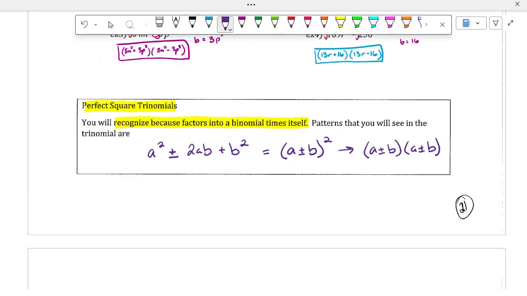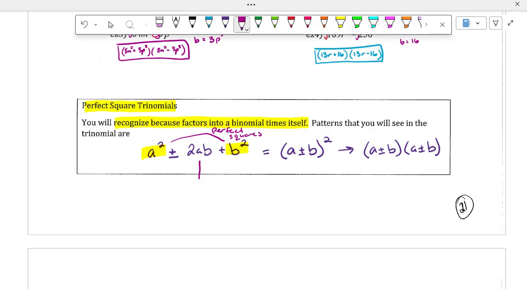Now, that may look like a lot, but in reality, it's not too bad. What it looks like is a and b are perfect squares. So your first and last term are going to be perfect squares.